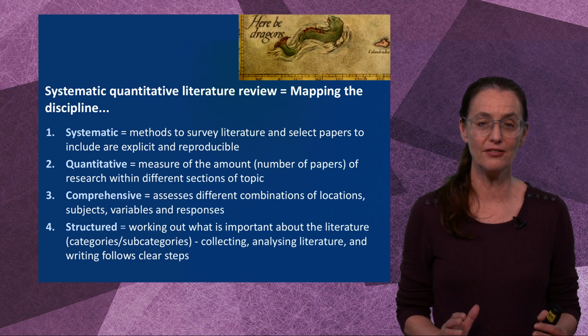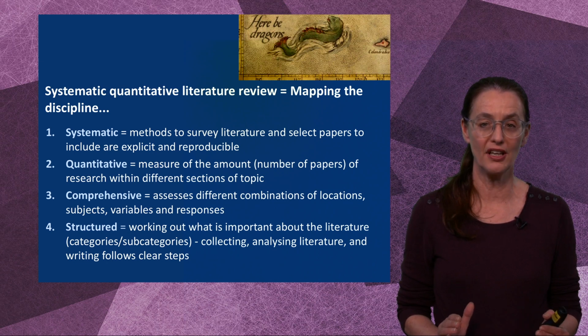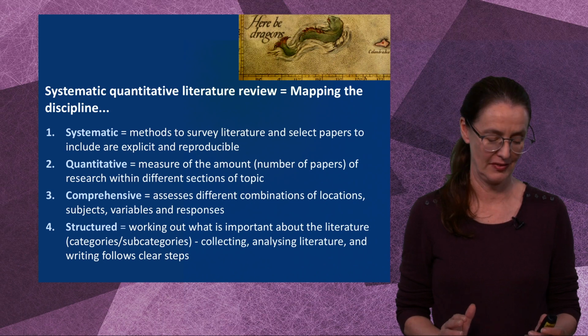It's comprehensive in that you're assessing different combinations of locations, subjects, variables and responses, and it's structured in the way that you work out about the literature in terms of selecting the literature, structuring categories and subcategories, collecting and analysing, and follows a series of clear steps, 15 of them.